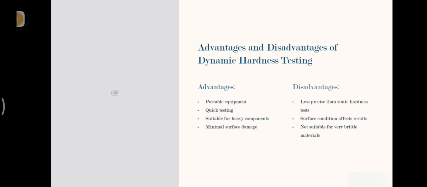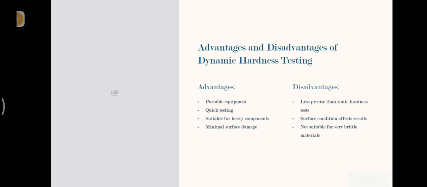So what are the advantages and disadvantages of dynamic hardness testing? It is portable equipment. It is quick testing. It will not take more than 5 minutes to do this test, and we can easily do it for heavy components, with minimum damage. It is not completely destructive, but there is a small amount of damage.